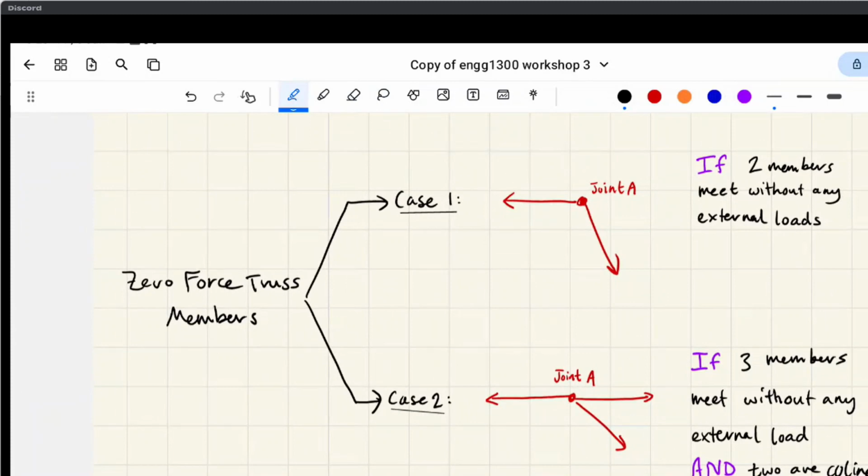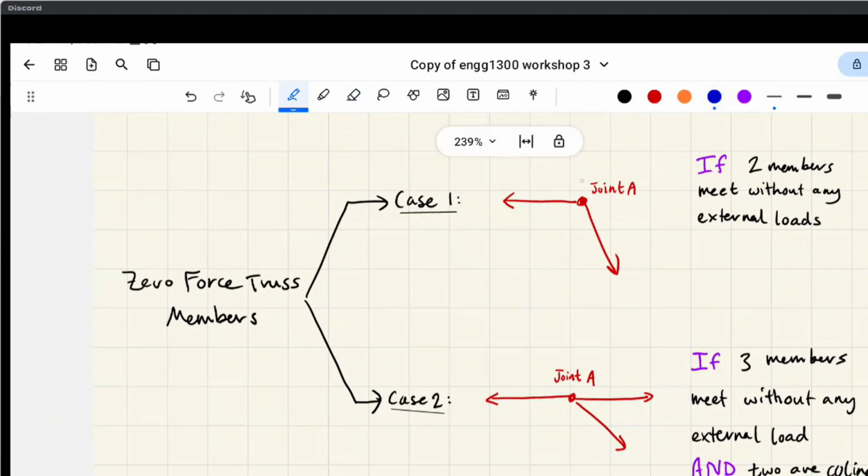So zero force members is when you have a truss and you can immediately tell that some of the members will not be taking any tension or compression, and so you don't need to do the calculations for them. It's a shortcut, and it can speed things up. So there are two cases. The first one is this one, and you have two members meeting at a point without any external loads.